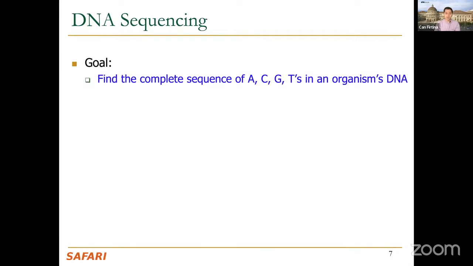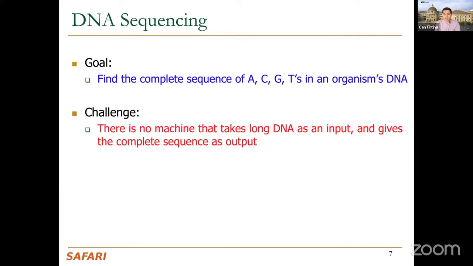So the goal of DNA sequencing in general is to figure out the complete sequence of ACTGs in an organism's DNA. And the challenge, as we said, is that there is no machine that takes the complete DNA in its complete form, as a single piece of chromosome, as an input, and then gives the complete sequence as output.